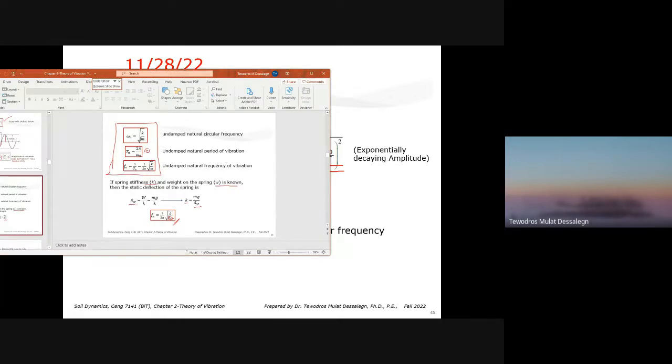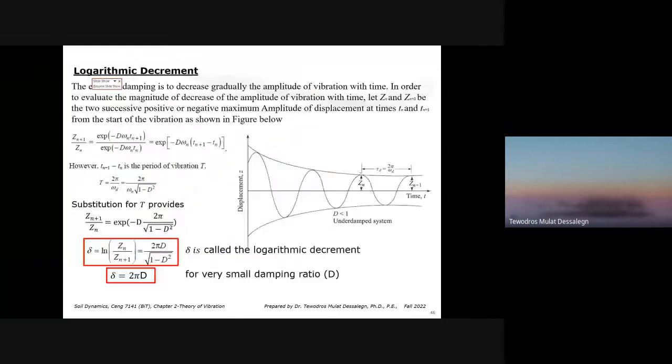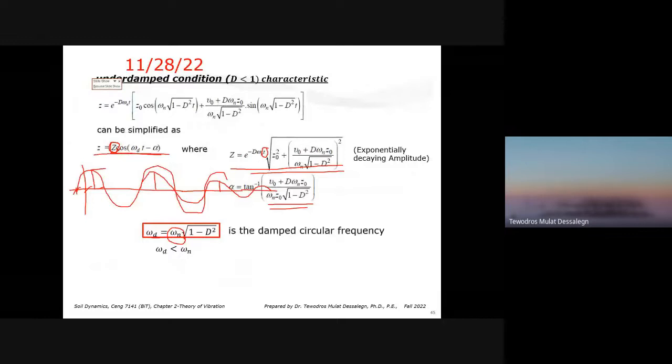Now, when we have damping, it varies slightly, and that variation is what you see in this one: Wd equals Wn times the square root of 1 minus D squared. So the damping is affecting it. That's one observation you should take away. The damped natural frequency is slightly less than the undamped natural frequency Wn by the square root of 1 minus D squared, where D is the damping ratio.